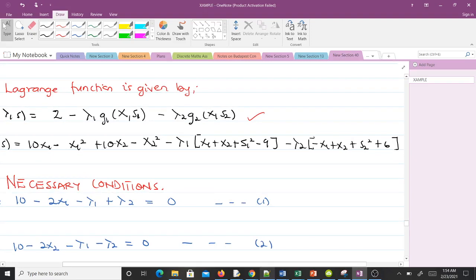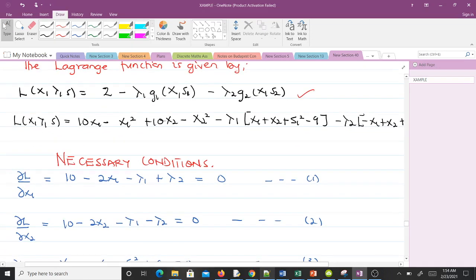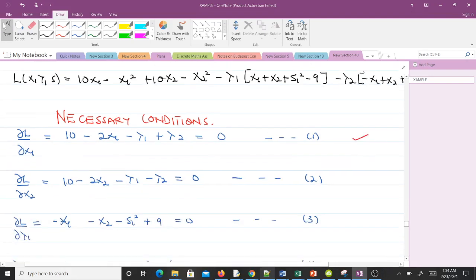Okay, then we have necessary conditions. So the necessary conditions are that del x1 should be 0. That gives us equation 1. Del x2 should be 0. So when you find the partial derivative of L with respect to x1, you get this. Then you equate it to 0. That's the necessary conditions.